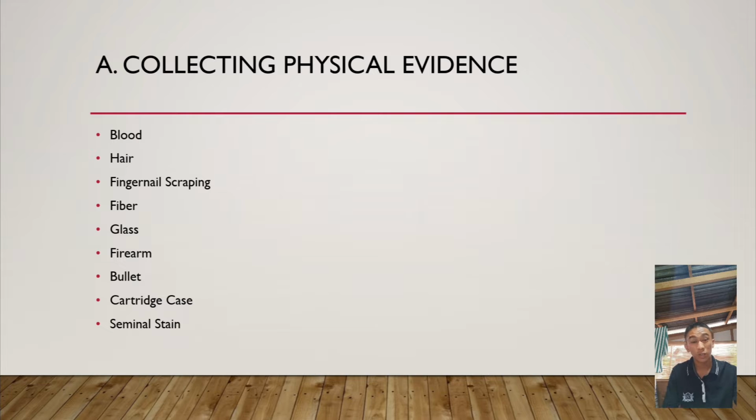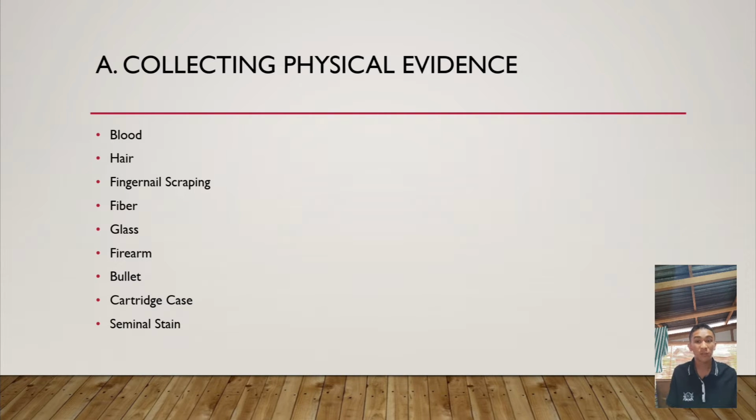Under the collecting of physical evidence, the second one is hair. This may be found anywhere in the crime scene. It is often found on the clothing of the victim and suspect who have come into physical contact. In most cases, there are rarely enough samples present for positive identification of an individual.